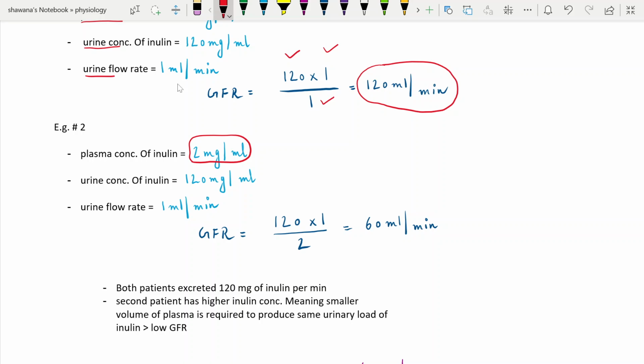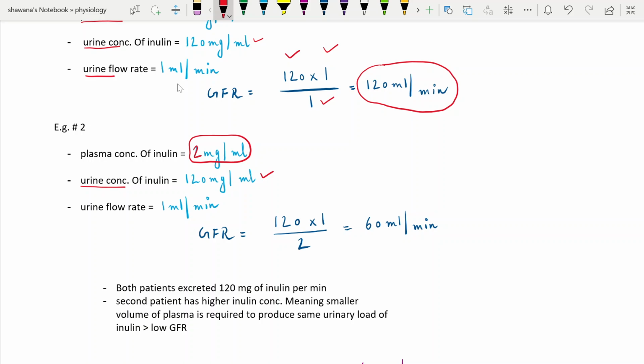Think logically that if the amount of inulin present in the urine is same in both patients, but the second patient has 2 mg of inulin per ml, and the first patient had 1 mg of inulin per ml, so we need less amount of GFR. It means that the smaller volume of the plasma is required to produce the same urinary load.